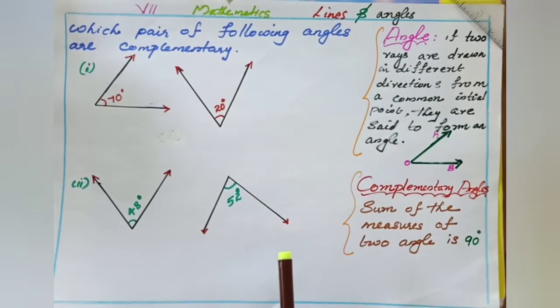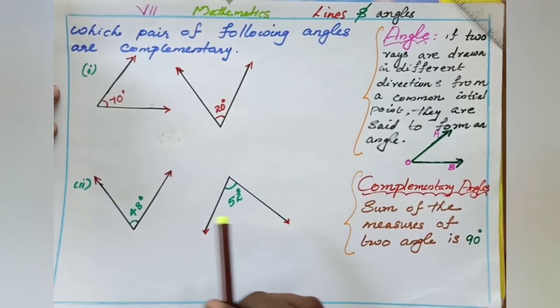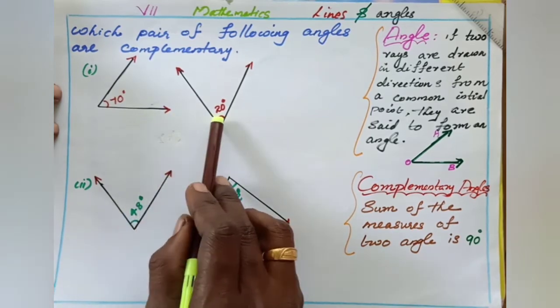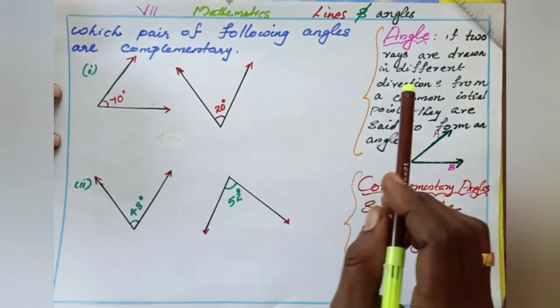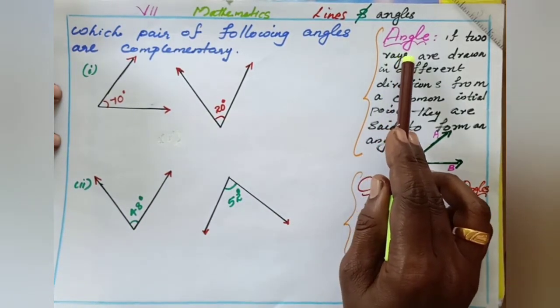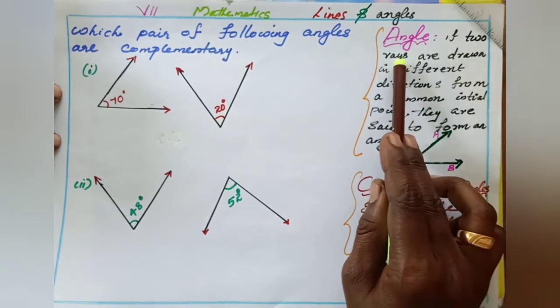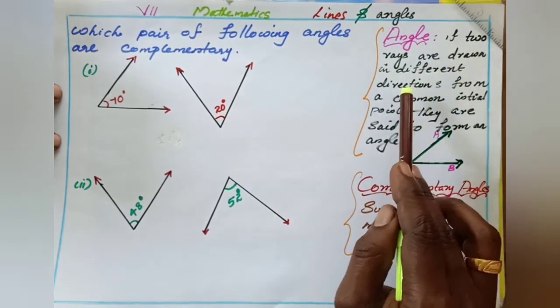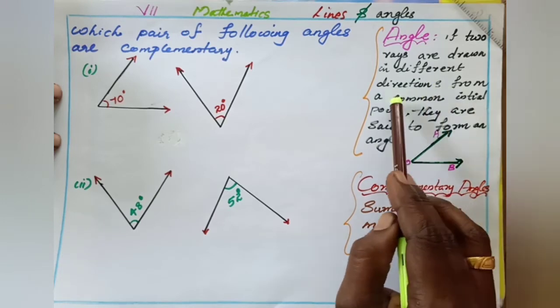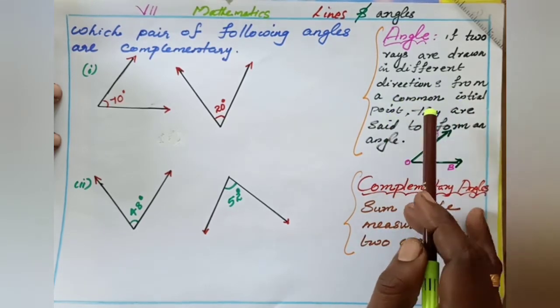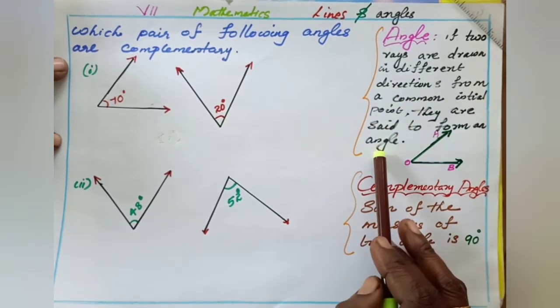Okay students, let us do the problems. Before starting these problems, we should know what is angle. If two rays are drawn in different direction from a common initial point, they are said to form an angle.